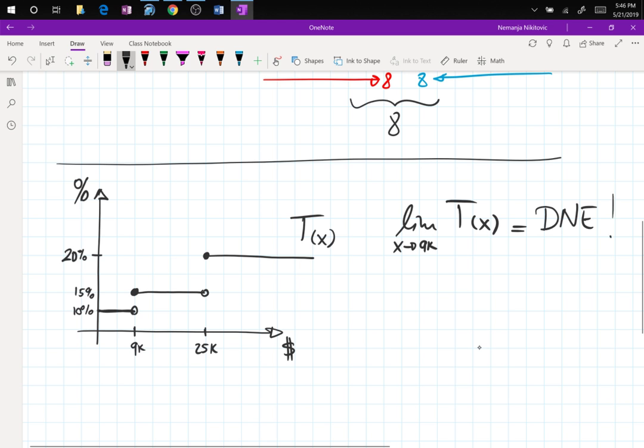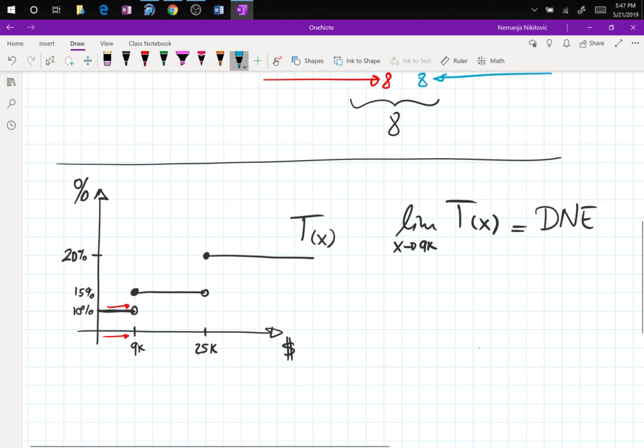Why doesn't it exist? Because the left side and the right side do not agree at the value at 9k. See, when you approach from the left, which is the red approach, the Juliet approach, as Juliet approaches 9k, she always pays 10%.